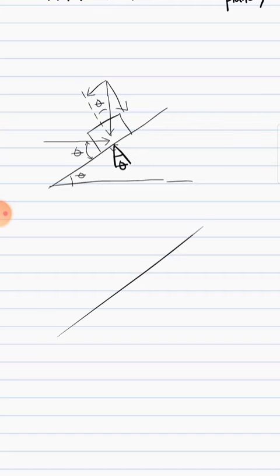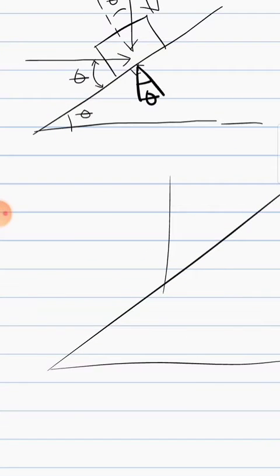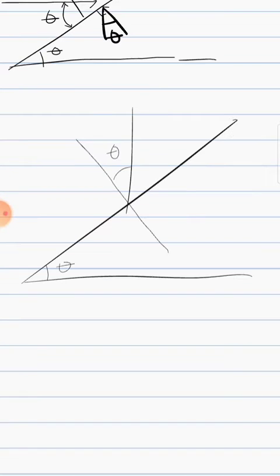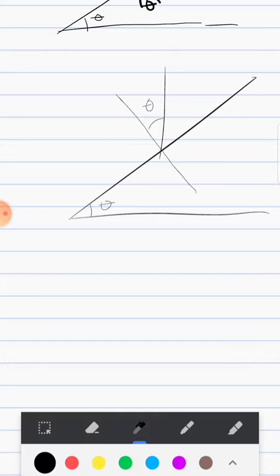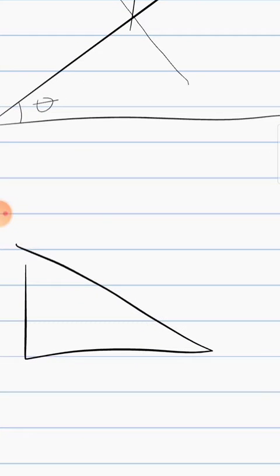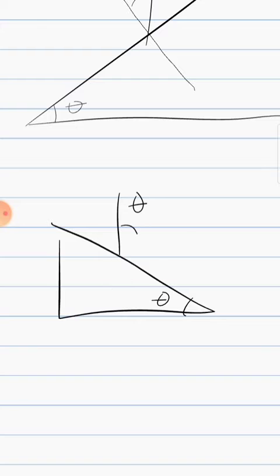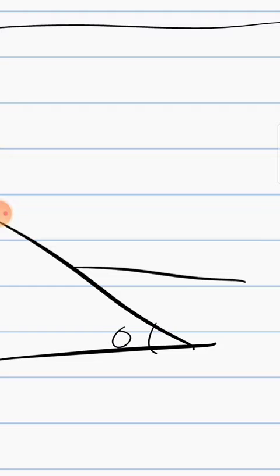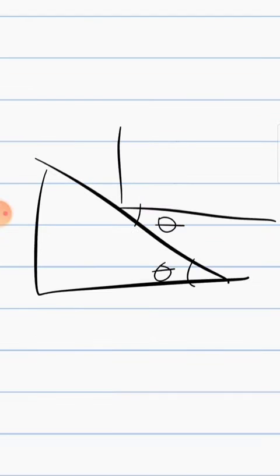So what you really need to remember is that for an incline with a force acting directly downward, just create a line that is perpendicular to the plane, and boom, the angle is equal to theta right away. That's all.